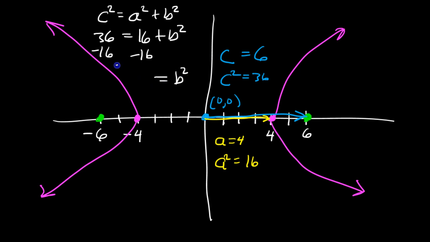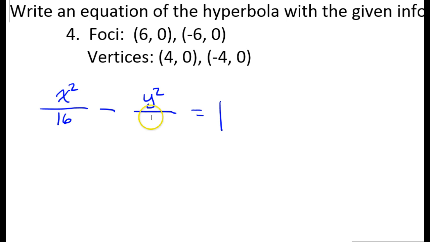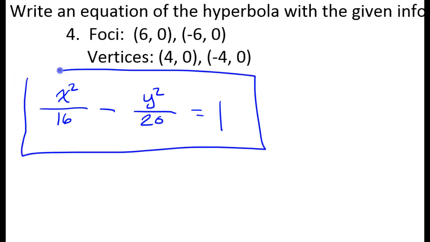And then I have b squared. So this is going to be 20. So b squared is 20. That means that the other denominator must be 20. And that's it. We found the standard form equation for number 4.